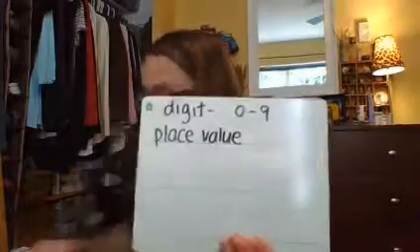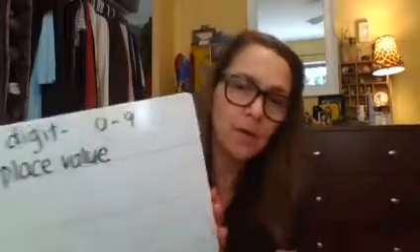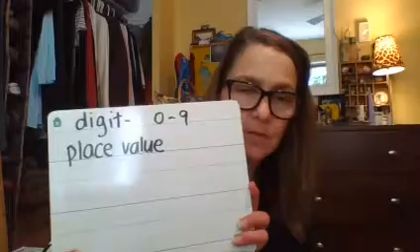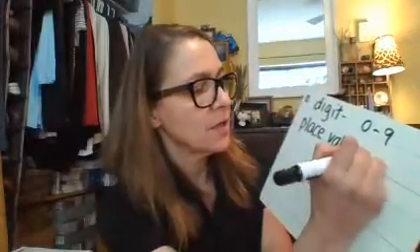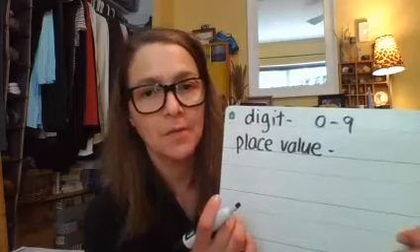The next vocabulary review would be place value. And place value, and you can visualize your chart, the place value chart, determines the value of the digit and where it is. So place value determines the value of the digit and where it is.